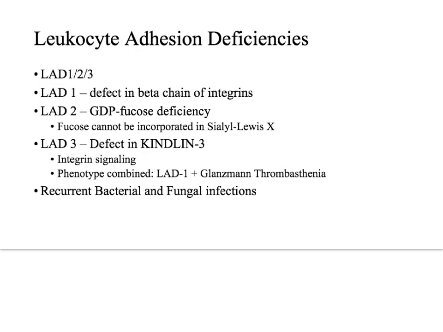So we have 3 leukocyte adhesion deficiencies, so LAD, leukocyte adhesion deficiency 1, 2, and 3, and it's basically pretty simple. If you remember how the leukocyte adhesion molecules work, so here I have my blood vessel. I've got all my endothelial cells in the blood vessel, and whenever we undergo inflammation, what happens is the blood vessel dilates.